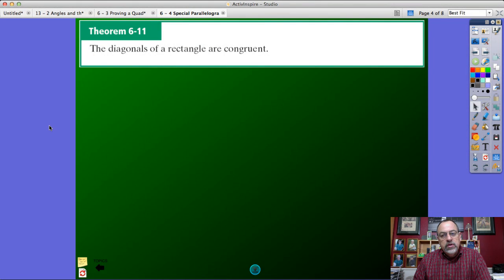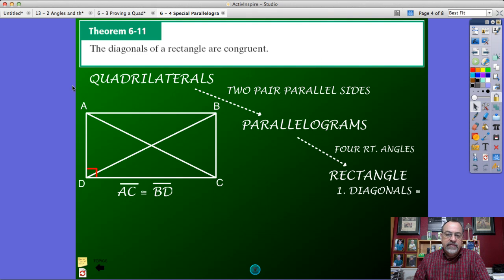The other special parallelogram that we looked at was if we had four right angles and we had a rectangle. And there's only one additional thing that's true about a rectangle beyond the characteristics of a parallelogram. What's true about the diagonals of a rectangle is that they are equal in length. So if you have a rectangle, the length of this diagonal and the length of this diagonal are exactly the same length.